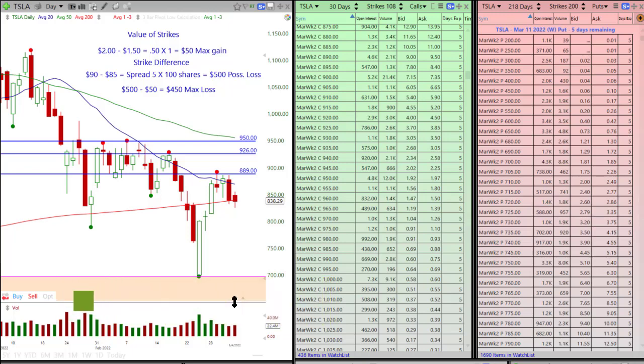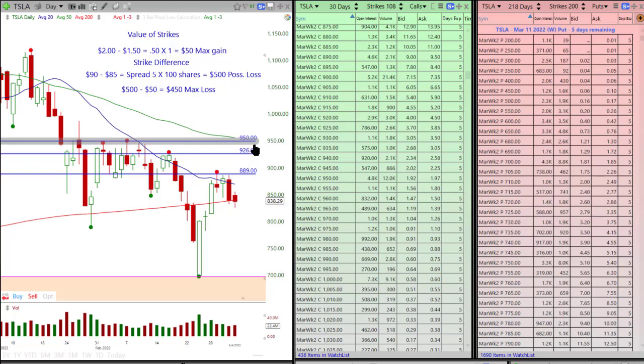So the great thing with credit spreads is because they're a non-directional bias per se, even if it goes flat, that's fine. Whereas if we're going to short this, and it is a short setup here, we'd be looking for it to go lower, we only make money if it goes down. With a credit spread, it doesn't have to go down.